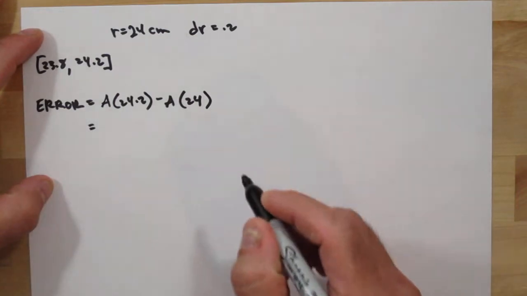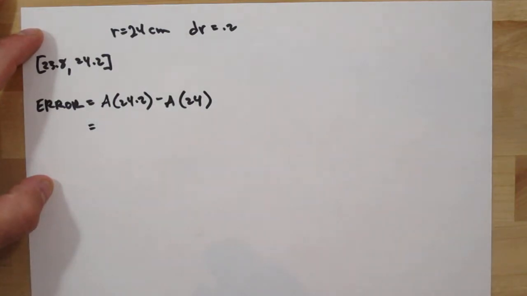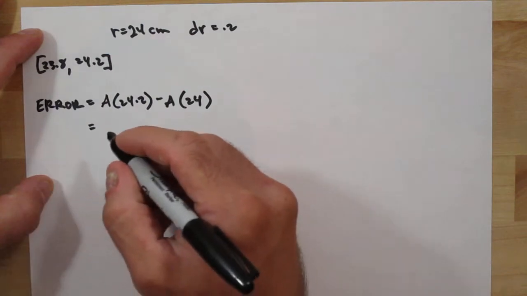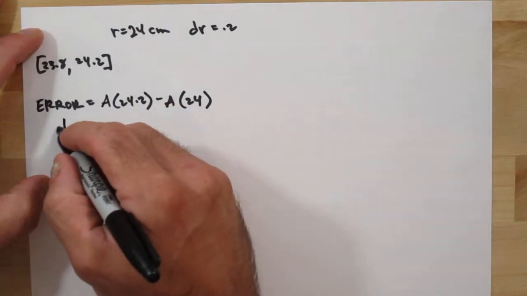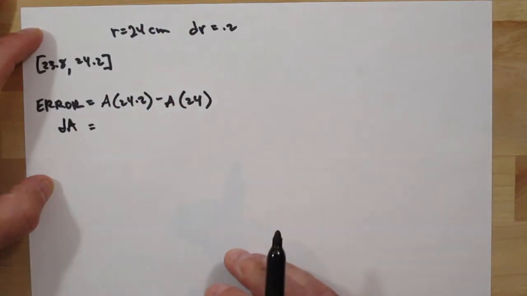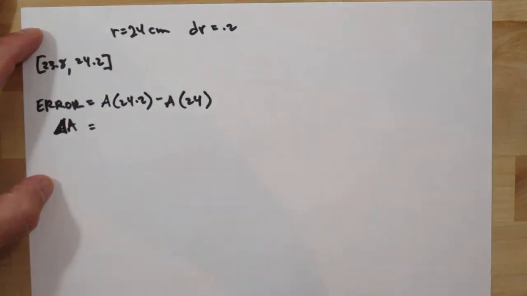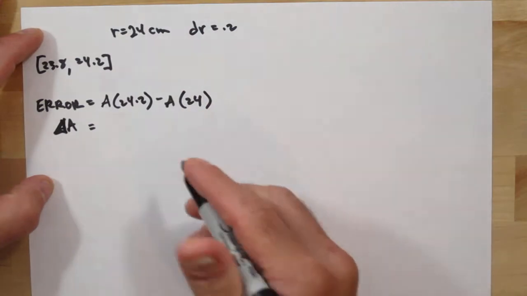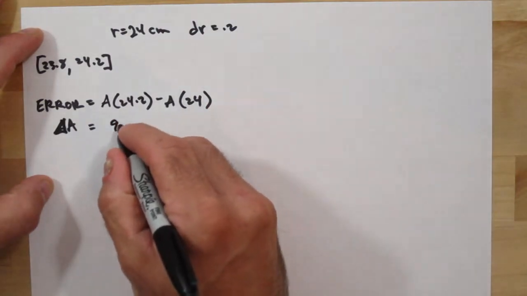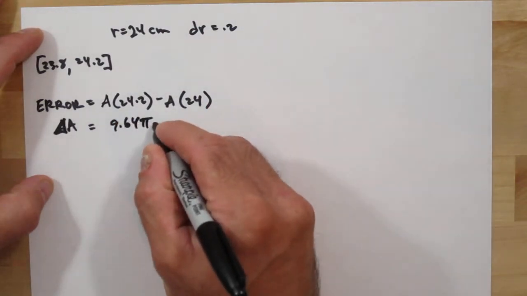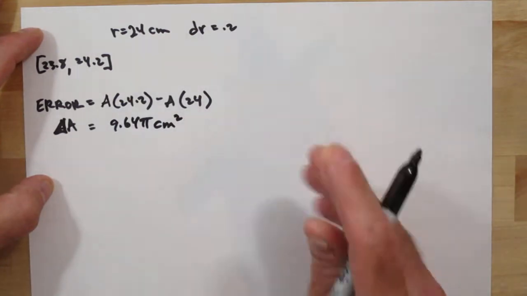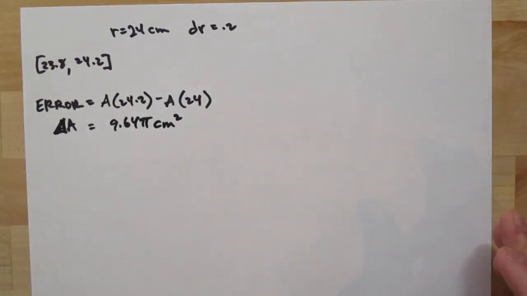So A of 24.2 minus A of 24. I'm not doing this in my head, but we would call this delta A. This would be the exact error, how far off that would be. It comes out to be 9.64 pi centimeters squared.